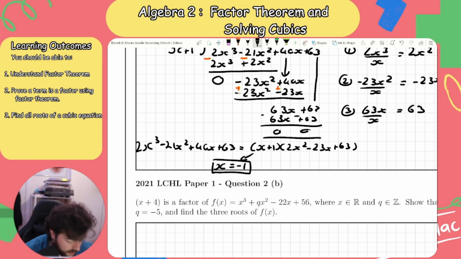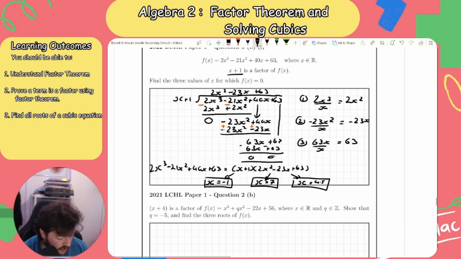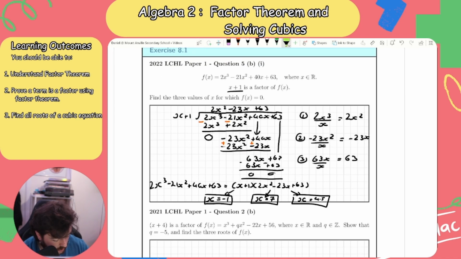My A is 2, my B is minus 23, and my C is 63. So I have x is minus 1, and then the two solutions to this quadratic are x is equal to 7, and x is equal to 4.5. And they are the three solutions to that cubic.